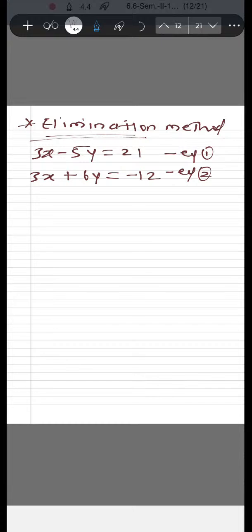Two equations are there, and as I said, I have written the elimination method.